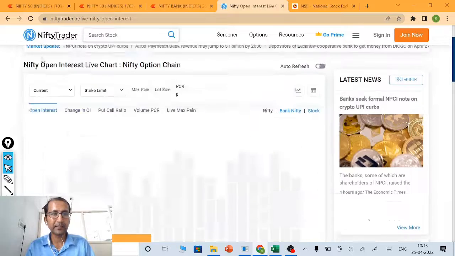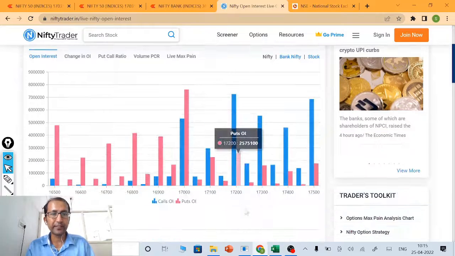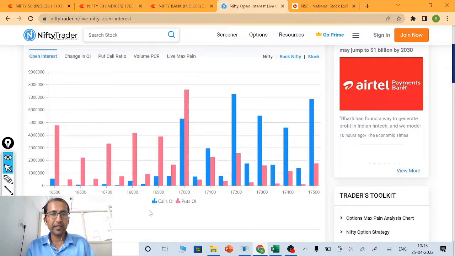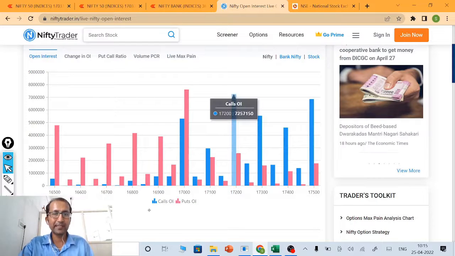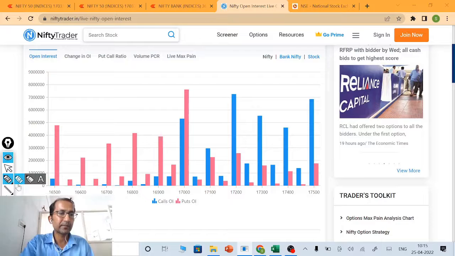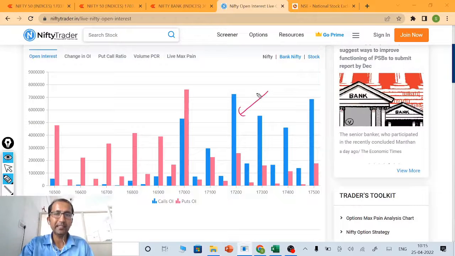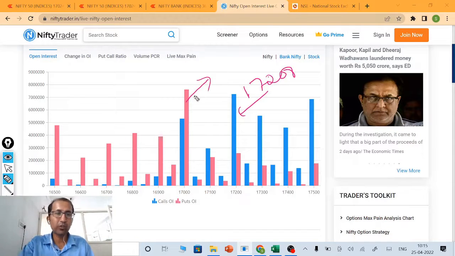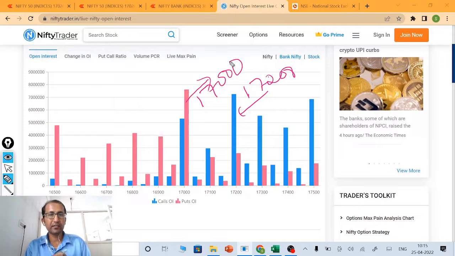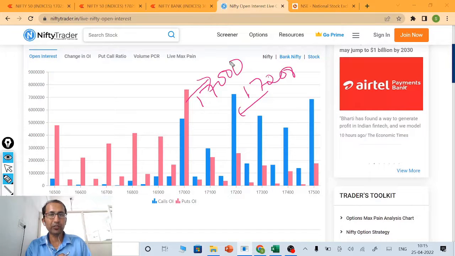Now let me come to the open interest positions. You can see the highest open interest on the call side is 17,200. On the put side, the maximum put build up is around 17,000. So market will range between 17,000 to 17,200.